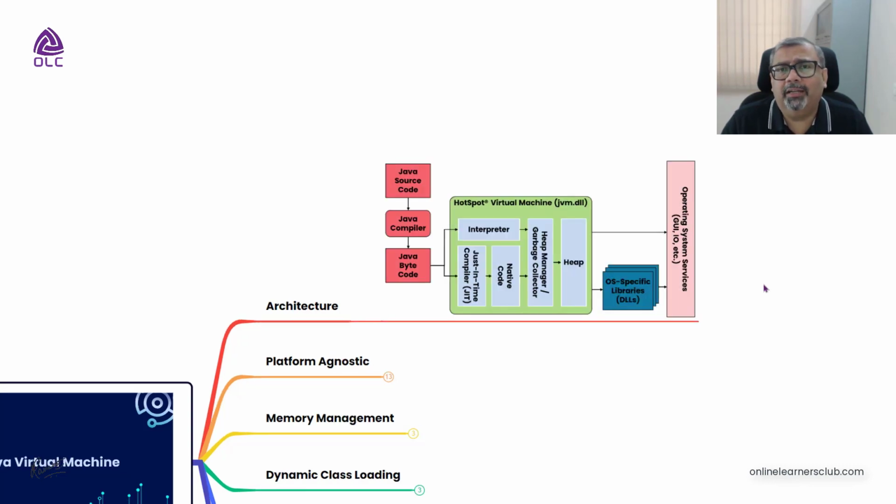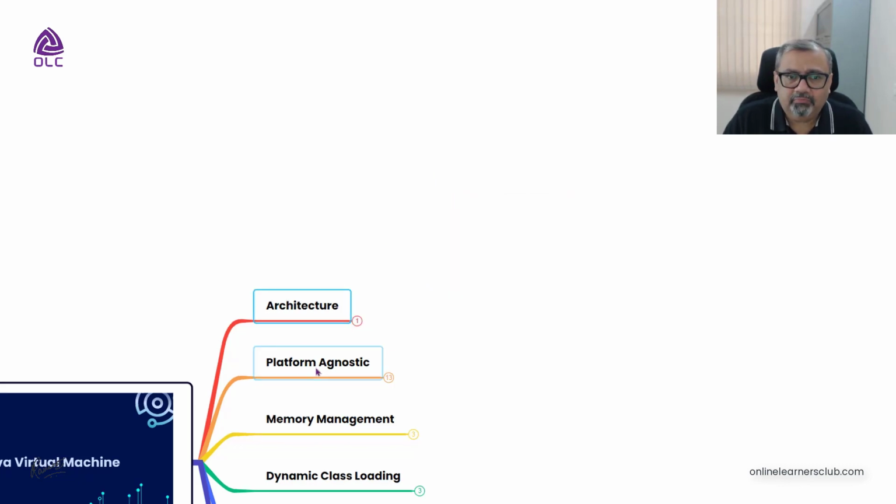Finally, whenever you need a graphical interface or console, IO, file systems, etc., all these things are controlled by the operating system, and the JVM internally interacts with the OS level libraries and gets the relevant data to the program. So this is how a JVM primarily functions.